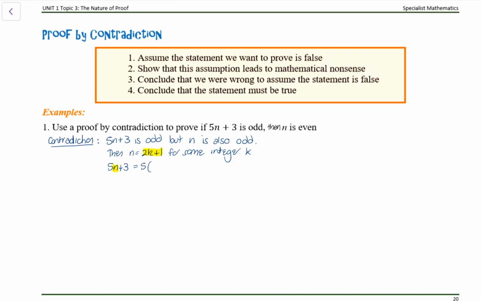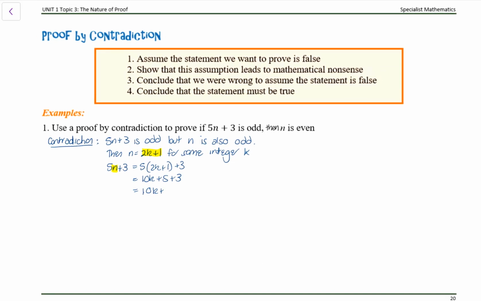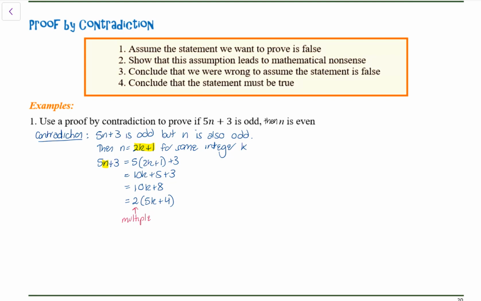So that's going to be 5 lots of 2k plus 1 plus 3, which is 10k plus 5 plus 3, which is 10k plus 8. We can bring out a factor of 2, which is 5k plus 4. So this is a multiple of 2. So therefore, even.